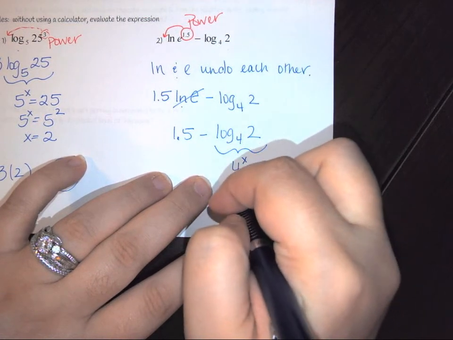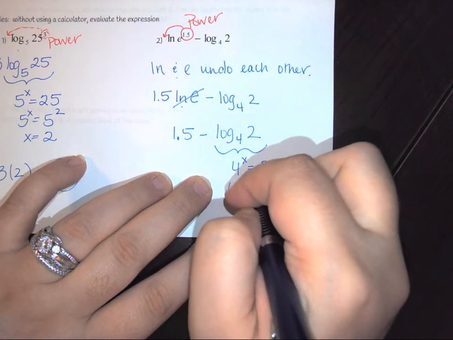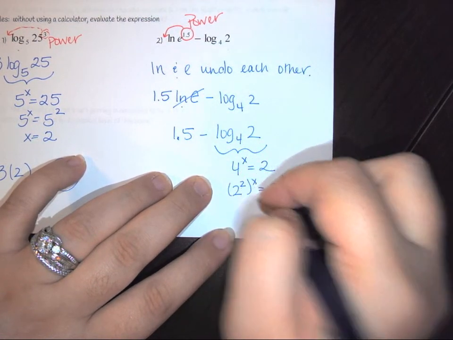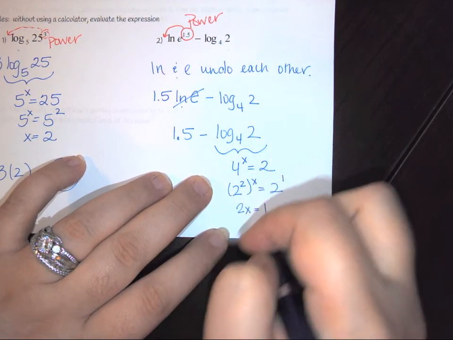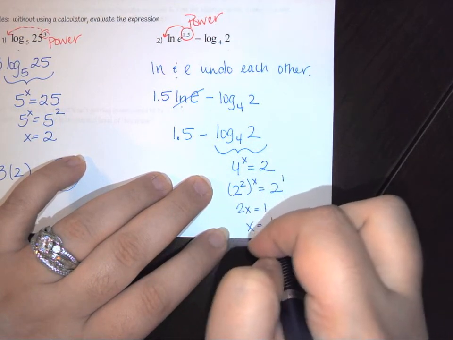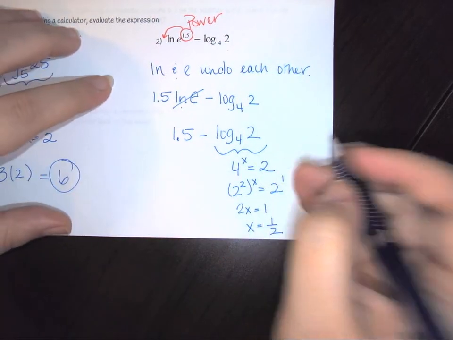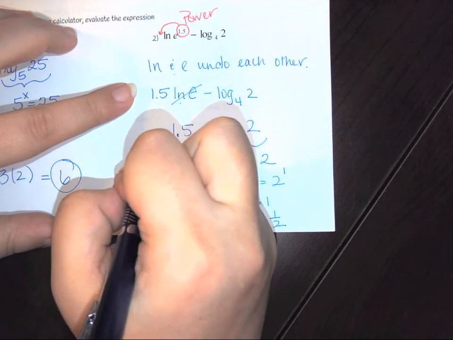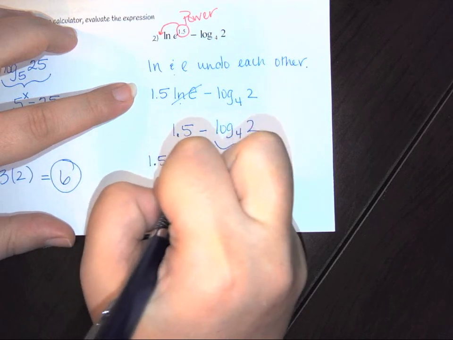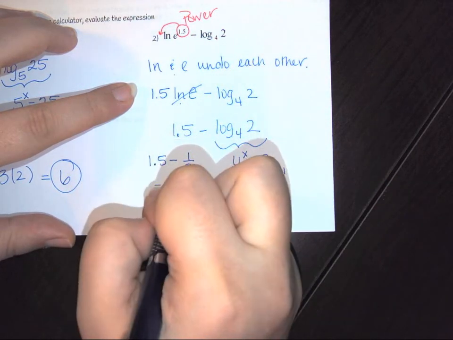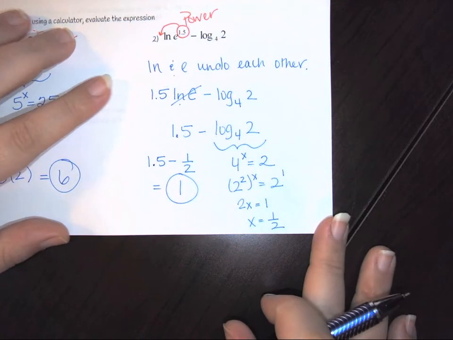So this is going to be 2 squared to the x equals 2 to the first. So I have 2x equals 1, so x equals 1/2. So what I really have here is 1.5 minus 1/2, which is going to give me 1 as an answer.